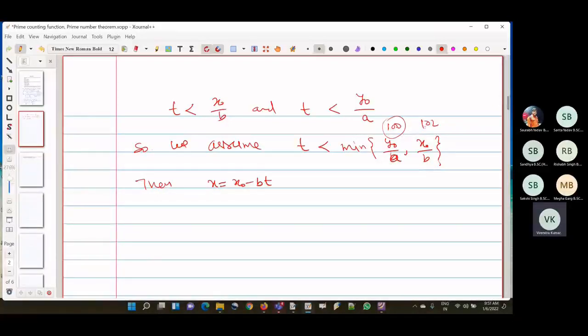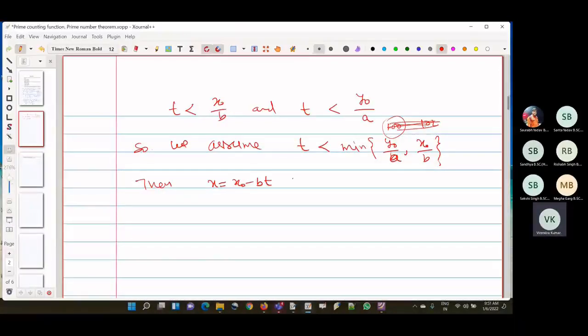Whereas if I say it is less than 102, it doesn't mean it is less than 100. So we need to consider the minimum of these two.